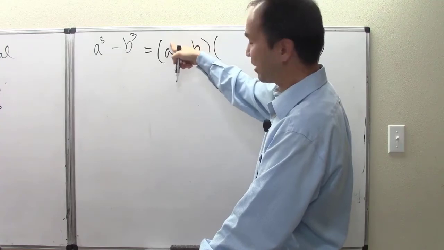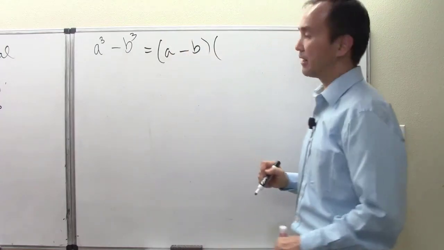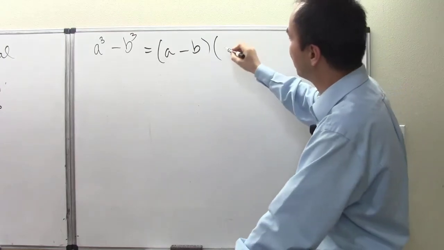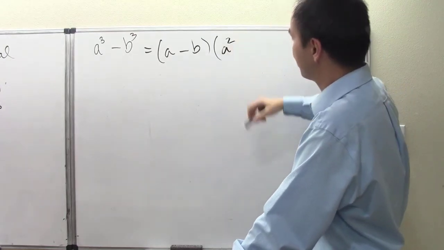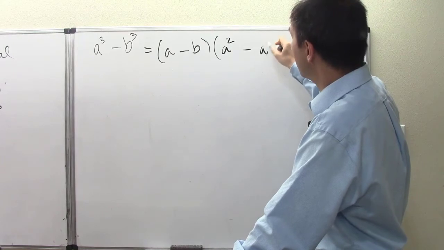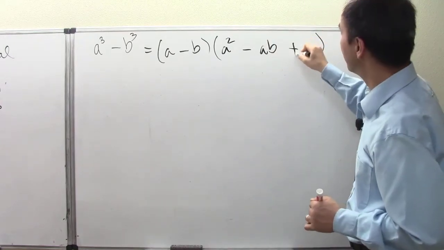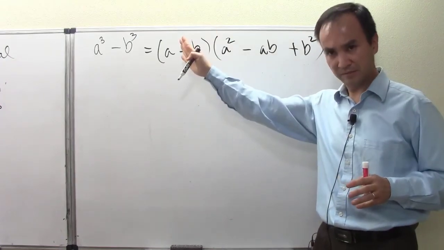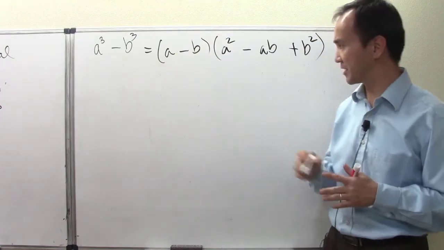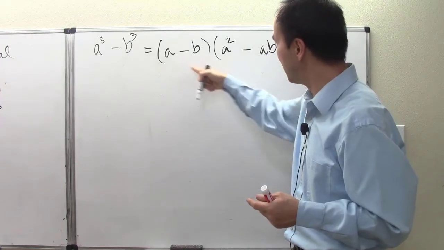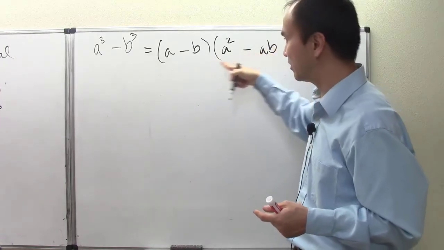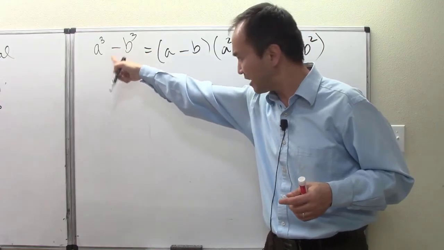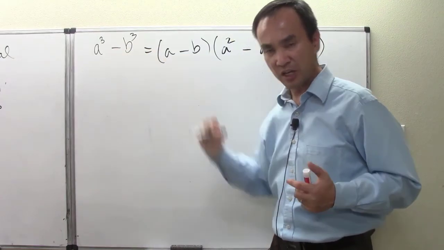Now in the larger factor, I'm going to end up with a squared minus ab plus b squared. It was proven, and you have seen that in your prerequisite course. If you want to verify that, just multiply, distribute out the terms here, and cancel out the like terms. You will end up back at a cubed minus b cubed right here.